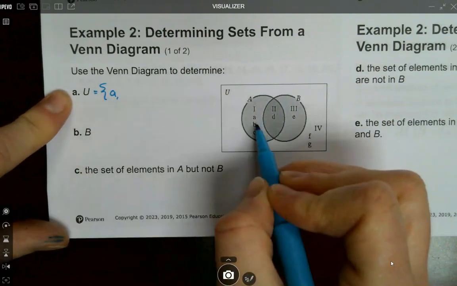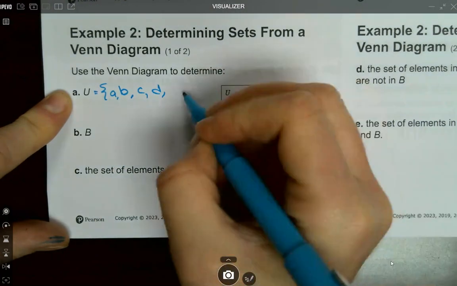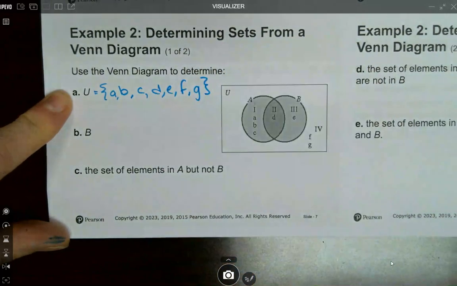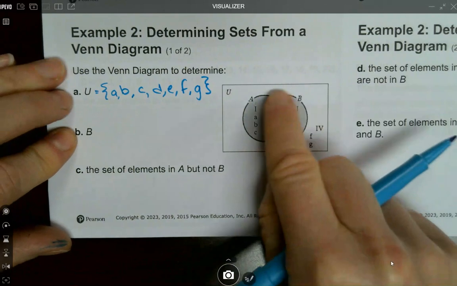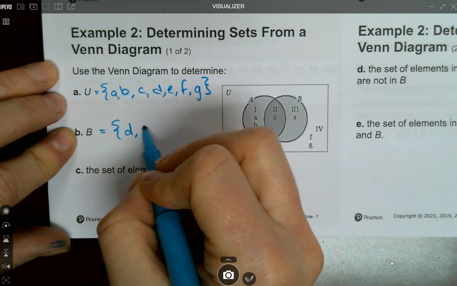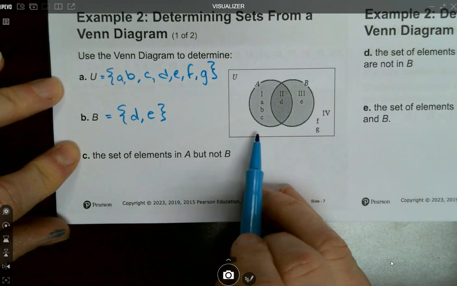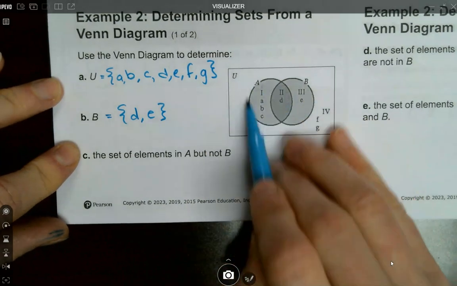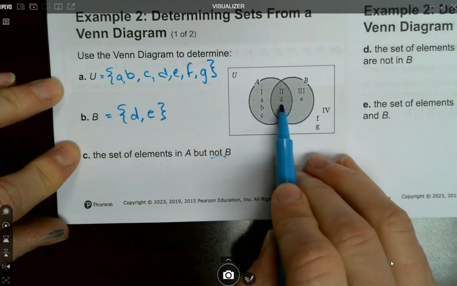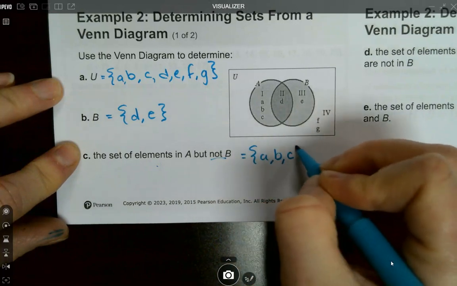So A, B, C, D, E, and then F and G. B is everything in B, so D and E. Sets of elements in A but not in B. So these are all the elements A, B, C, and D, but it says not in B, so it's not going to include D. It is going to be just A, B, and C.